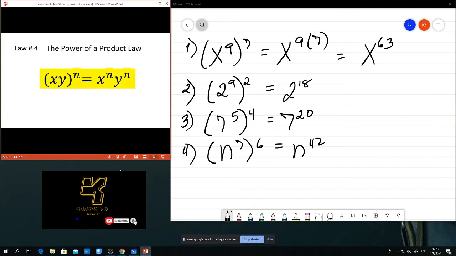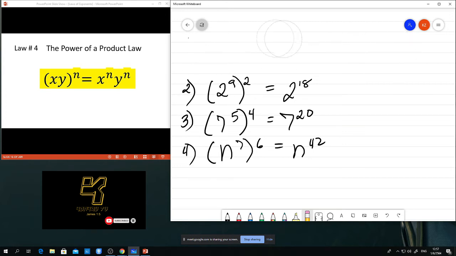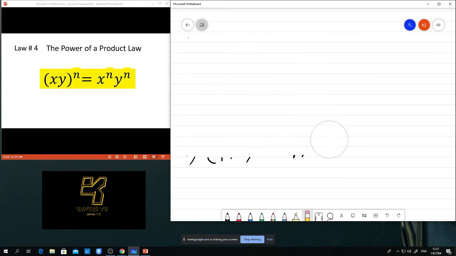Okay, so let's proceed to law number 4, the power of a product law. Okay, I will explain. So (xy) power of n, power of a product law.